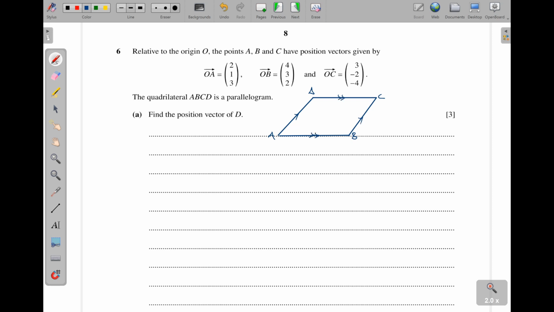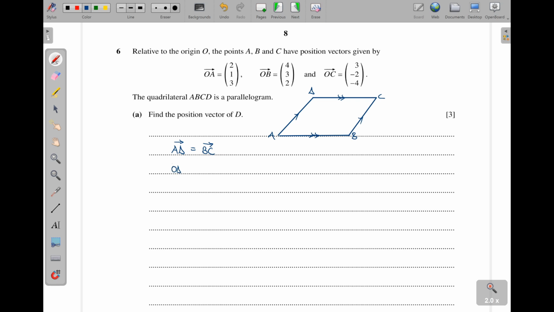So they said find the position vector of D. Parallel vectors are scalar multiples of each other, but also on the parallelogram, this side AD is equal to this side BC. So I'm going to use vectors, and I say that AD is equal to BC. So you don't waste time here.